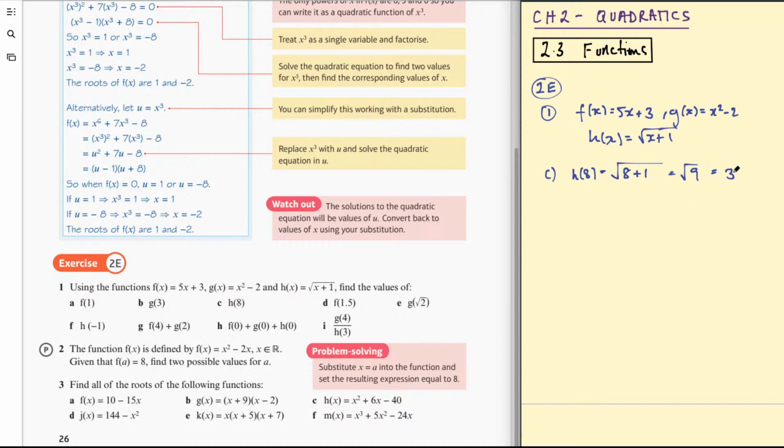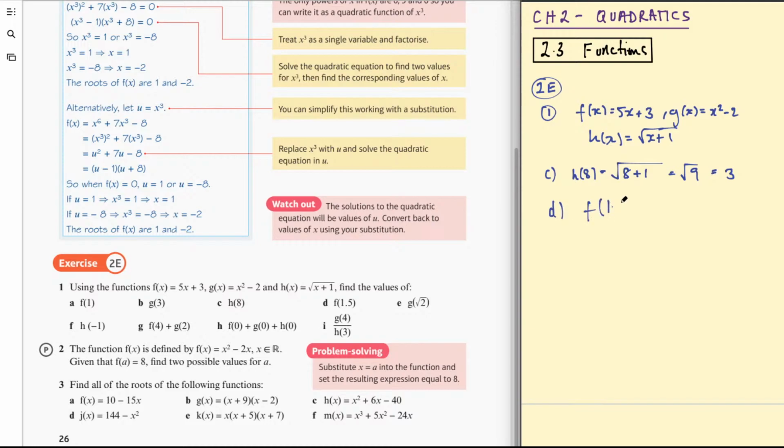Now, I'm pretty confident in saying, yeah, that must be positive because it's just the square root of 9. It would have to specify positive or negative out the front here to give positive or negative 3 as the answer. So I'm fairly confident that's just a positive 3.